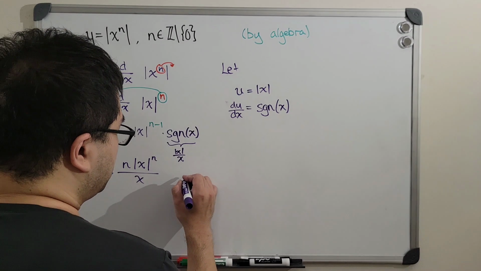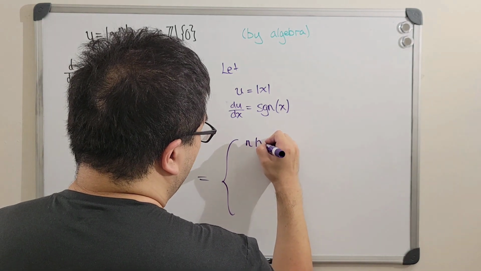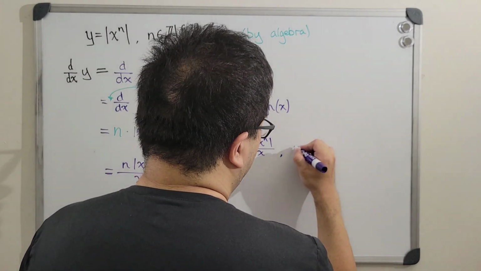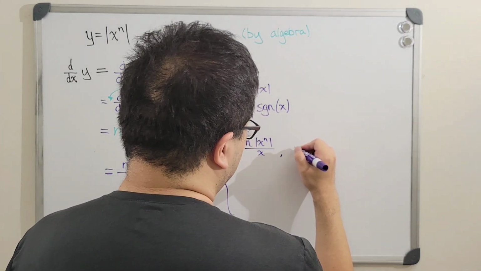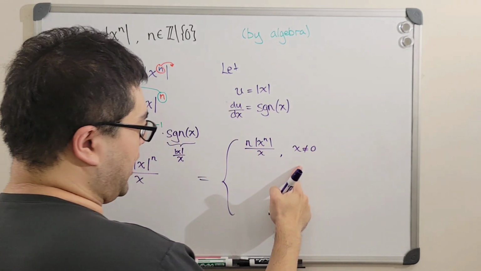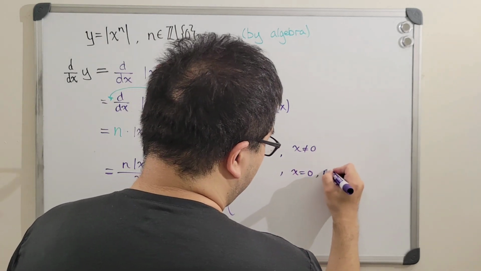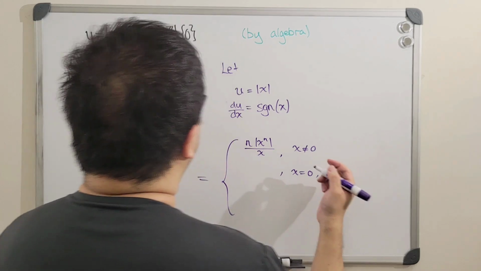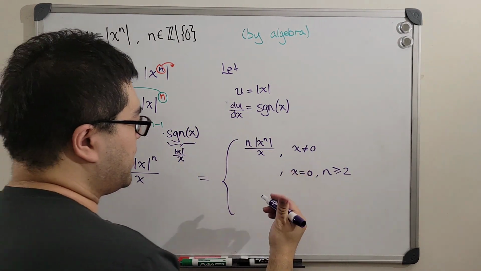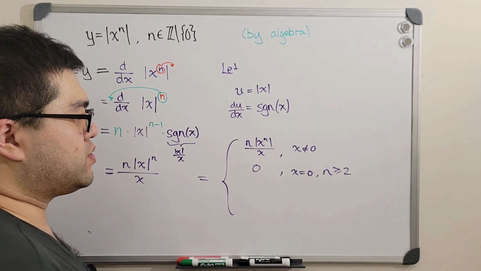So we will make the conclusion on the right and say that this holds true for x not equal to 0 in any case, and then when x is equal to 0, when n is greater than or equal to 2, and again we have already ignored the n equals 0 case, so don't worry about putting it in, then this is going to turn out to be 0 as we claimed.